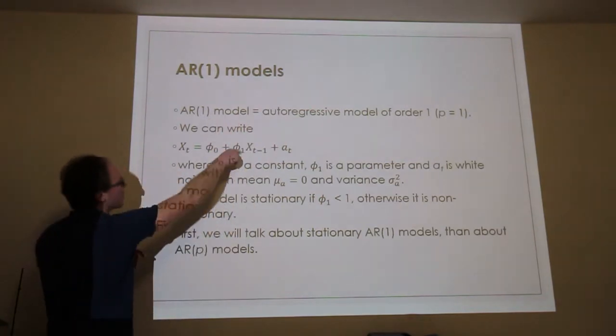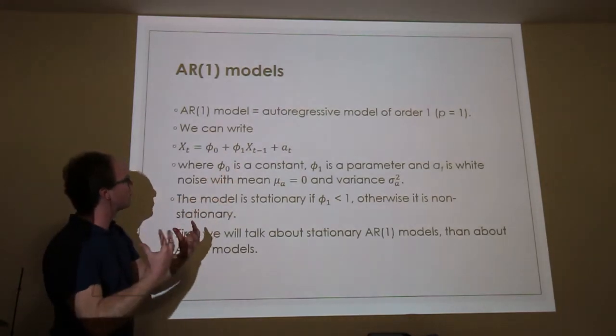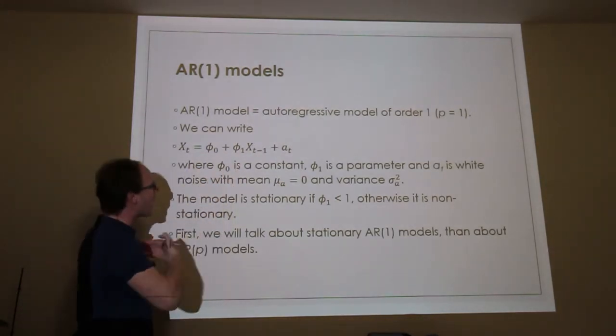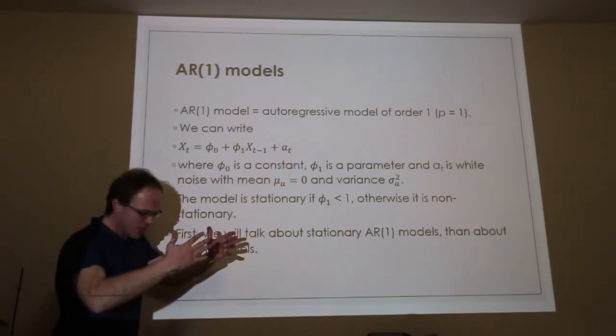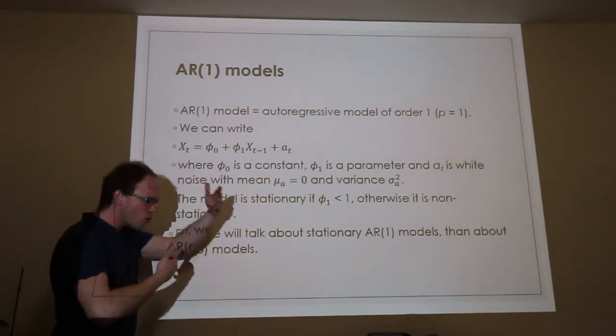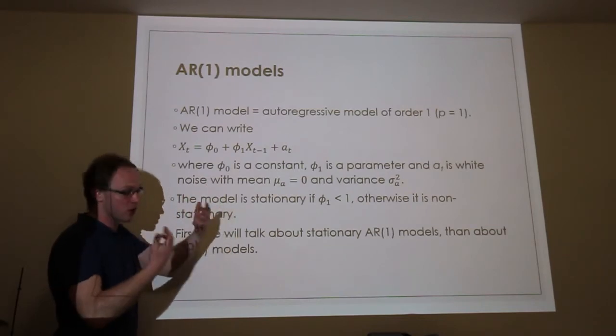So phi 1 is a measure of dependence on my previous value, plus a t, some value from the white noise process.